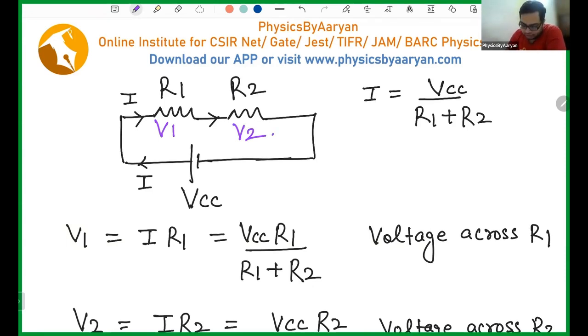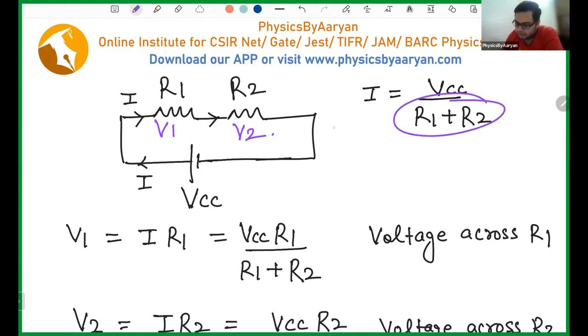First of all, let's find what the total current in the circuit will be. Total current will be total voltage, which is VCC, divided by total resistance. Since they both are in series, and in series the resistors add up. You remember it from class 12, you studied that in series the resistors add up. So R1 and R2 will add up.